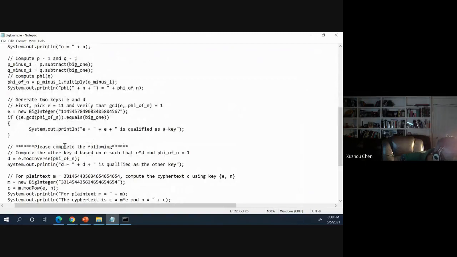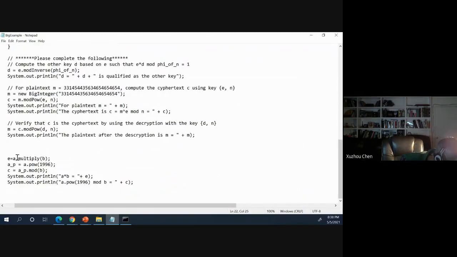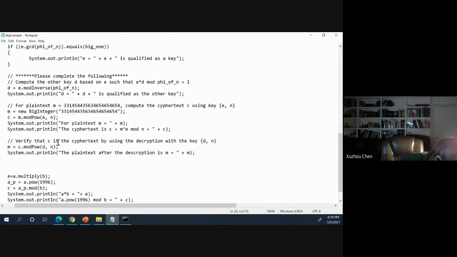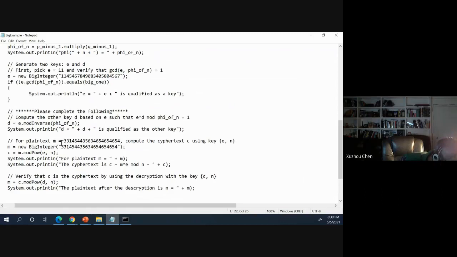Let's say, for plain text m like this, I can increase the number of m to this. Okay, so I increase the number.